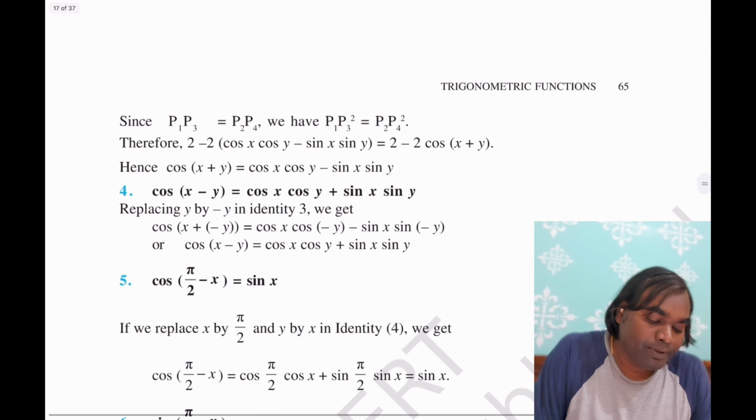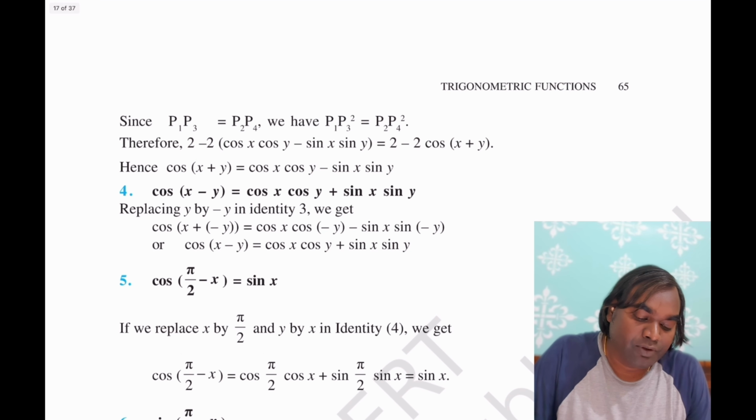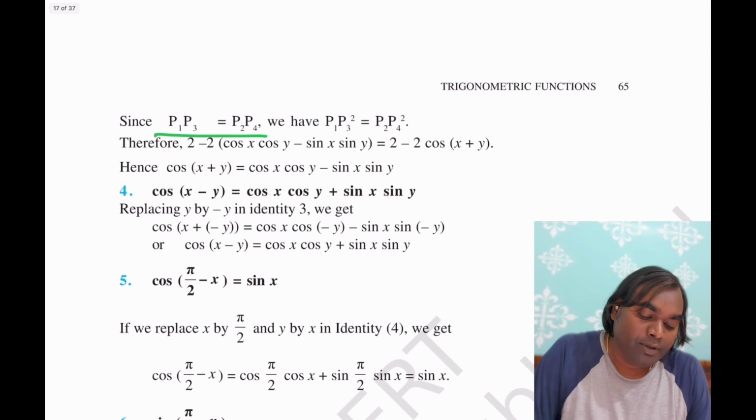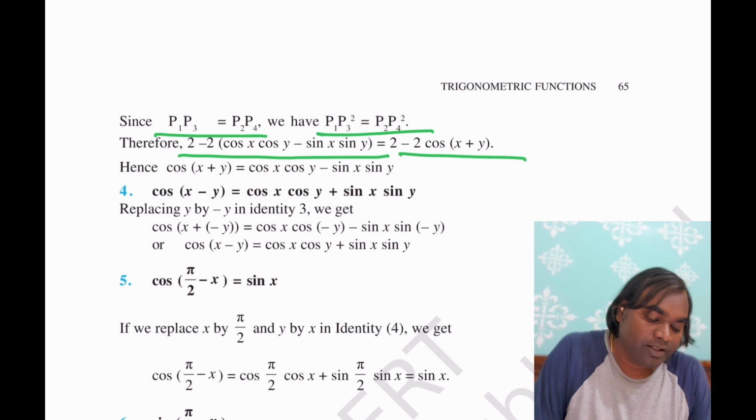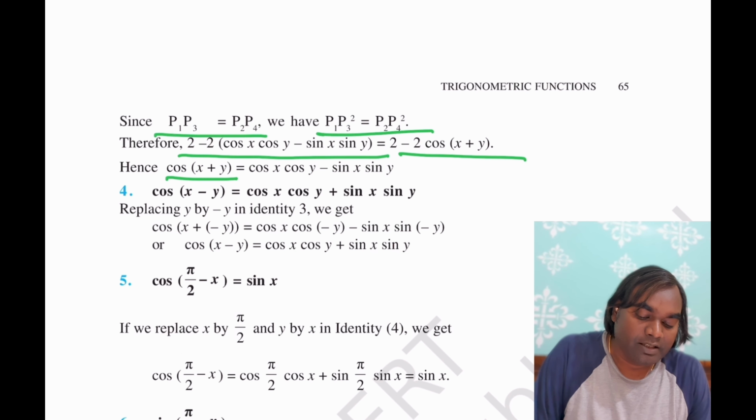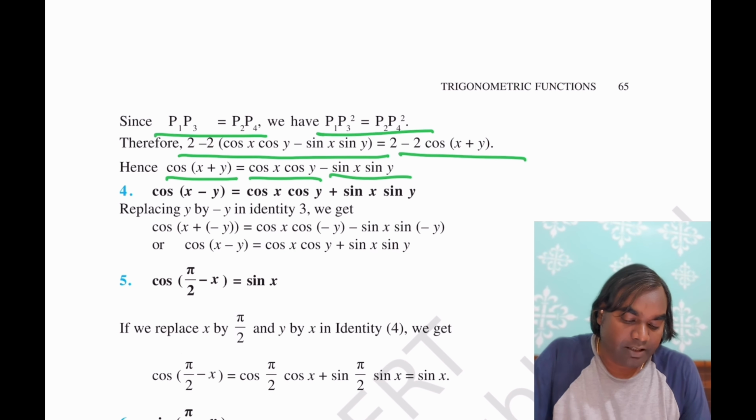Since P1P3 is equal to P2P4, P1P3 square is equal to P2P4 square, therefore this is equal to this, and hence cos(x plus y) is equal to cos x cos y minus sin x sin y.